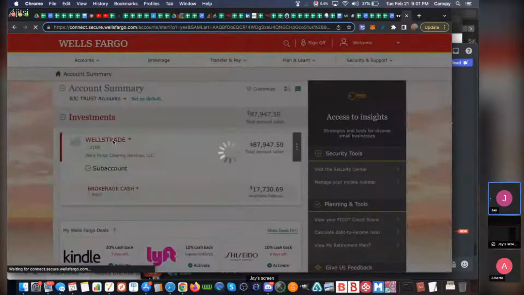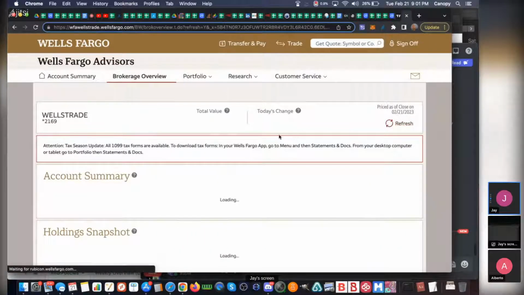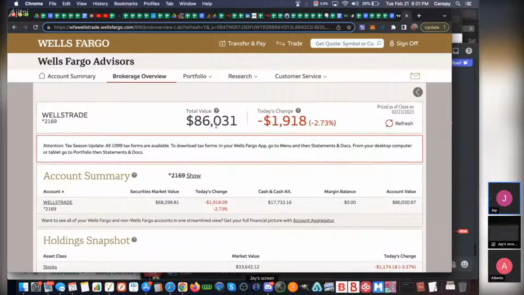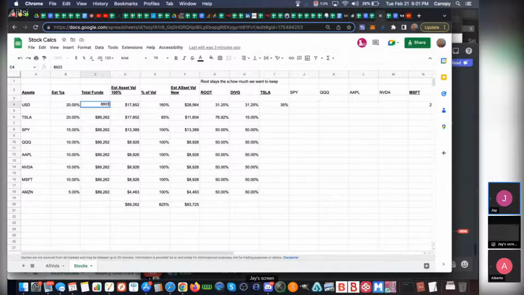Because when I click on it and I go in, it says that we lost almost $2,000 today. So that hasn't updated yet. So I think the total value is 86,031, the correct value because today it went down. So we could just do 86,000, but anyways, 86,031. Yeah.